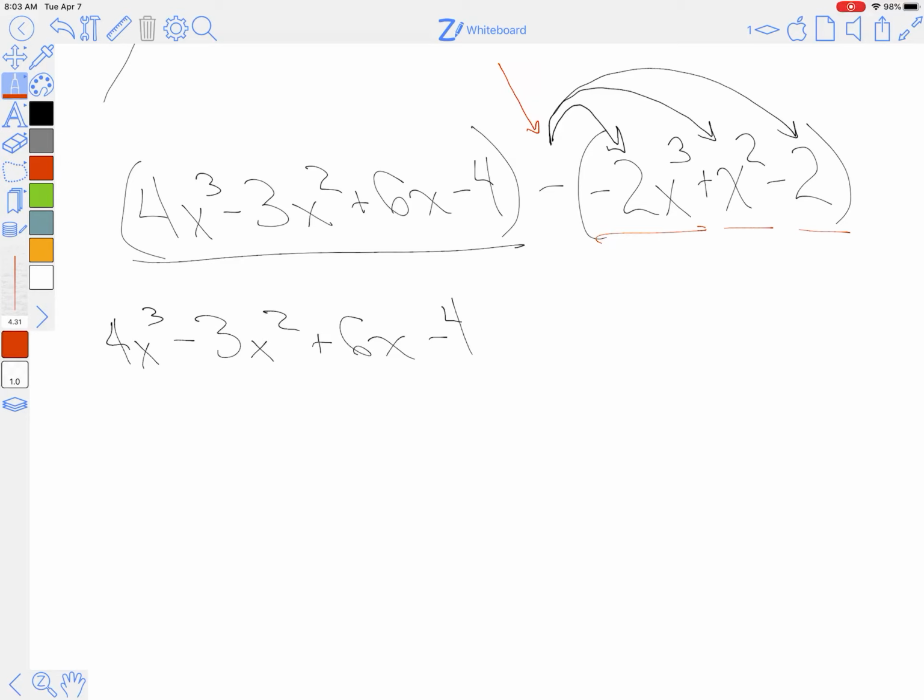And now, here's where we're going to start to change things. Negative times negative times negative is positive 2x squared. Negative times positive is negative x squared. And negative times negative is positive 2.